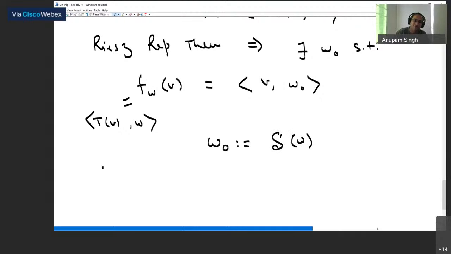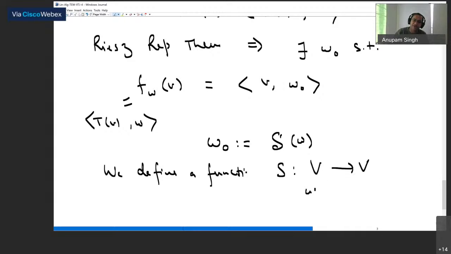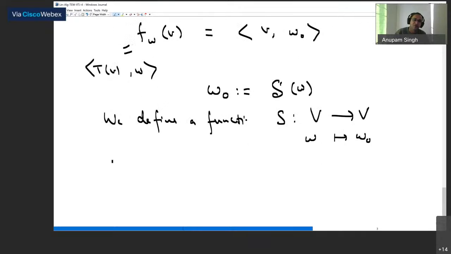So we define a function S from the vector space V to V, where we take a w and apply the above process to get w naught. Right? So this w naught will be defined to be S of w. Now, my claim is that this map S, what I just defined, is actually a linear map.